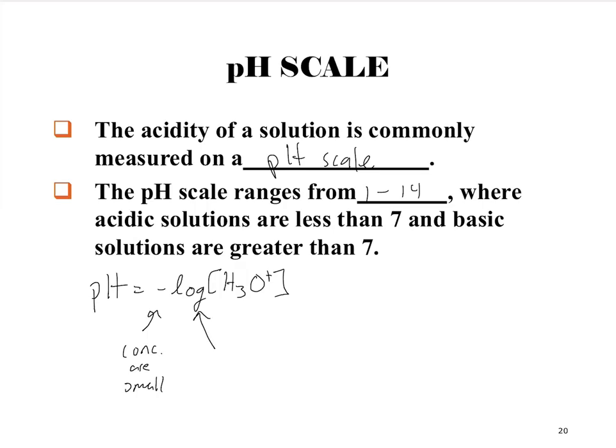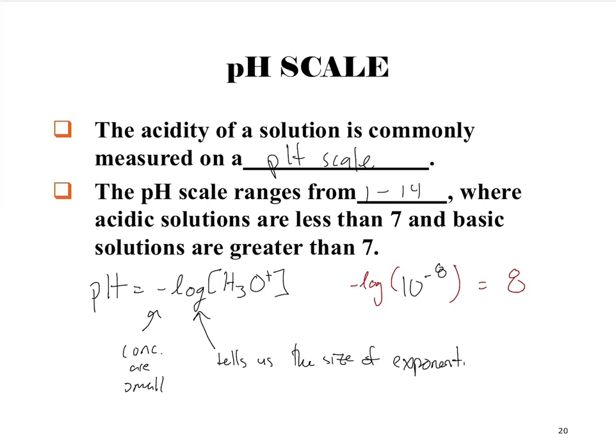What the logarithm does is it tells us the size of the exponent. So if we have something like 10 to the minus 8, minus the logarithm of that is equal to 8. The logarithm tells us a relative order of magnitude: how large is the exponent for the value we're looking at?